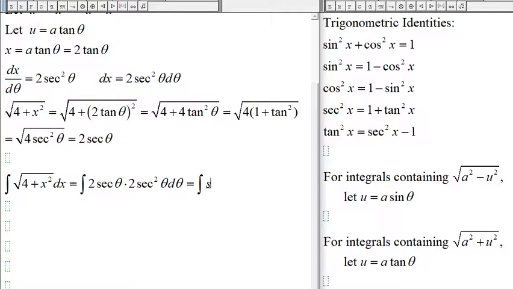And then this becomes secant to the third theta d theta, and then we have a 4.